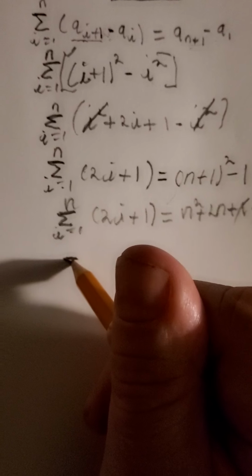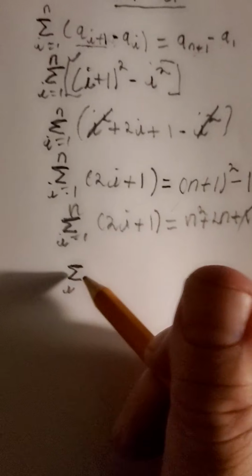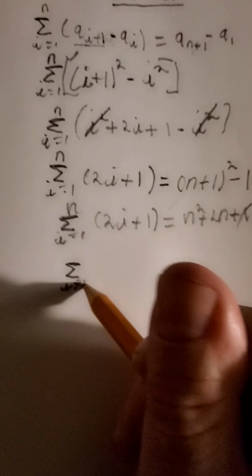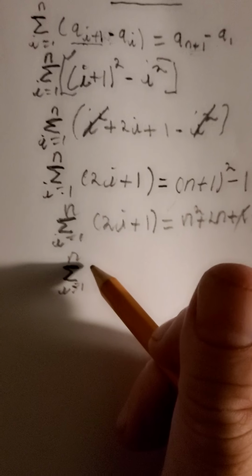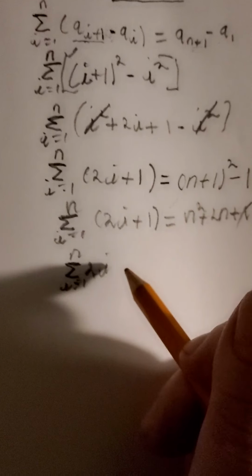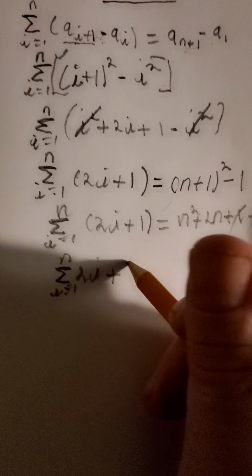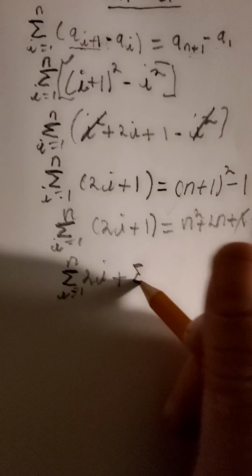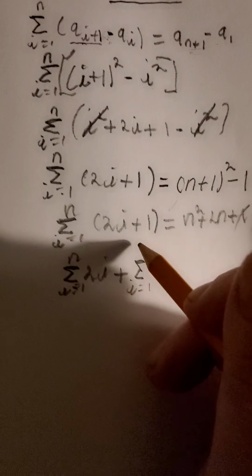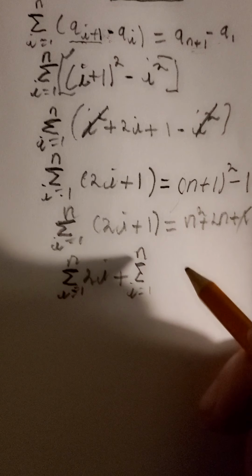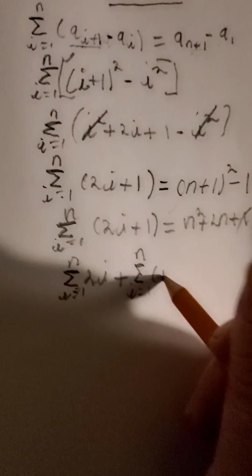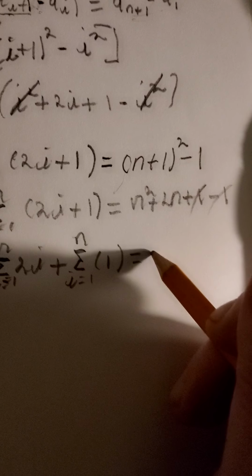Now we have the summation as i goes from 1 to n of 2i plus 1, use the distributive law for summations, the summation as i goes from 1 to n of 1.